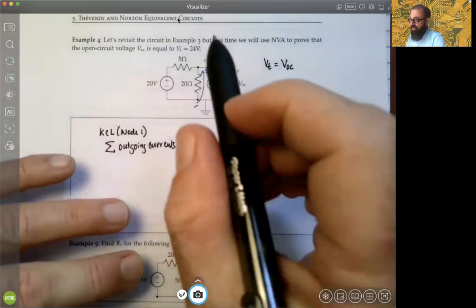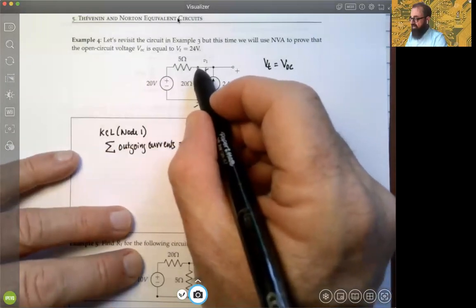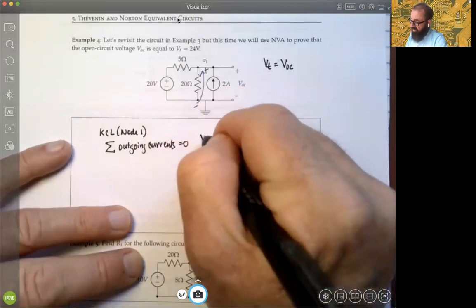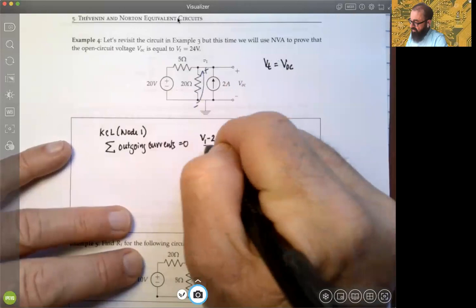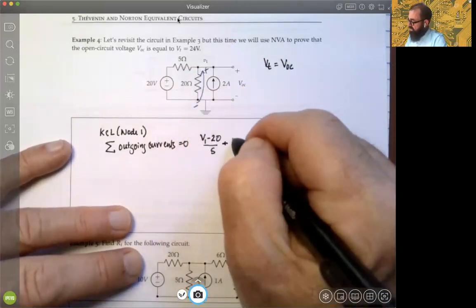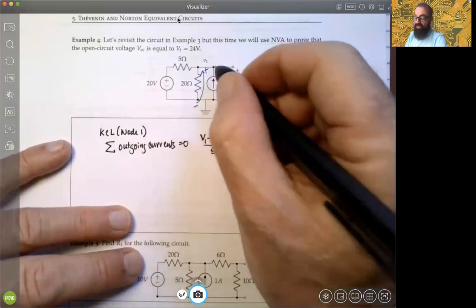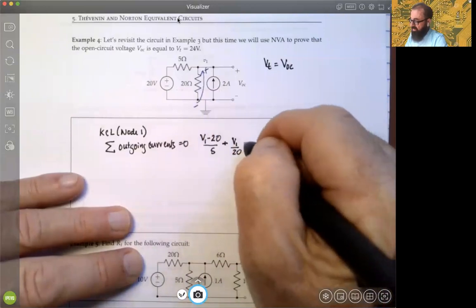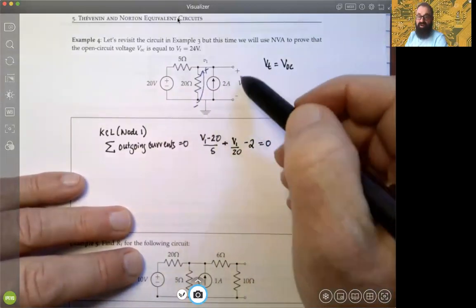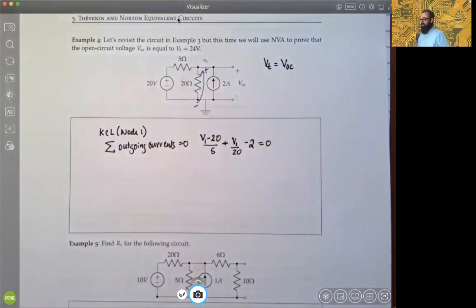From the perspective of V1, if we go to the left through the 5 ohm resistance, we hit 20 volts, so that current would be V1 minus 20 over 5. Then we can go from V1 directly to the ground through 20, so that'll be V1 over 20. And then we have an incoming current right there, so that'll be minus 2 equals 0, because there is no current over here. We got voltage, but there's no current over there, so there's no other current to worry about. There's only 3 in this case.